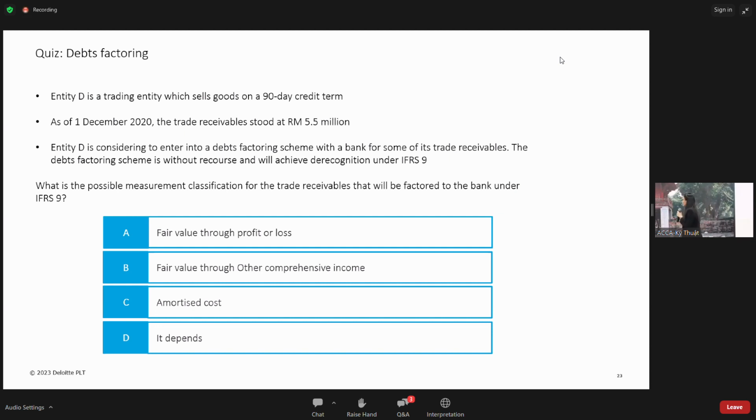Here they clearly say without recourse, because all the risks will transfer out already. It will achieve derecognition, so this financial asset will be removed off the books once I debt factor it. So what is the possible measurement classification for the trade receivable that will be factored to the bank under IFRS 9?